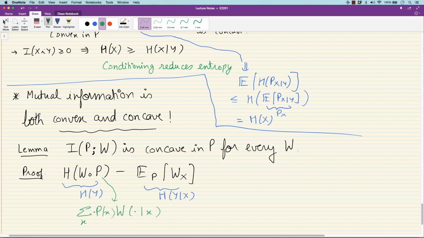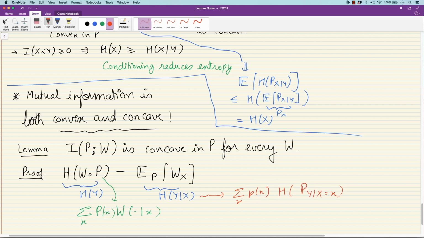So this vector is obtained by a linear combination of P of x. And this other term is the summation over X of P of x times H of P of Y given X equals x. Okay, this is a better notation.